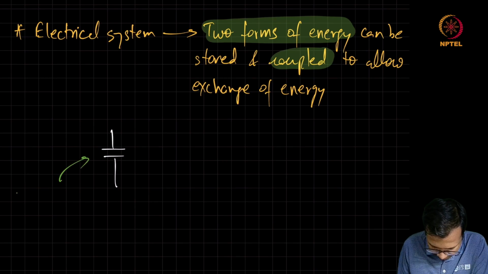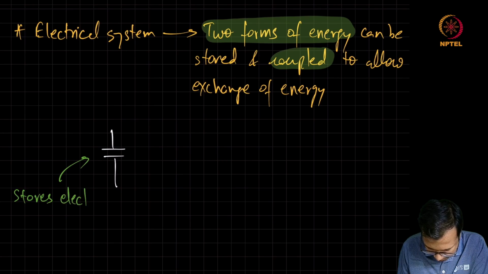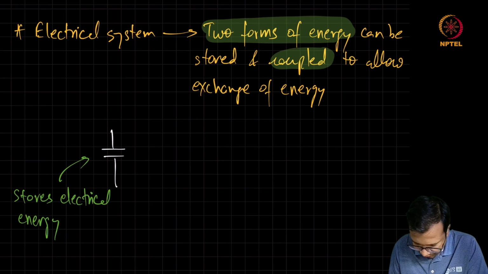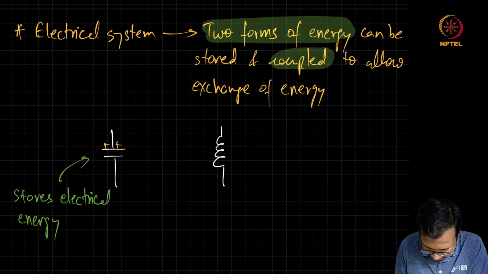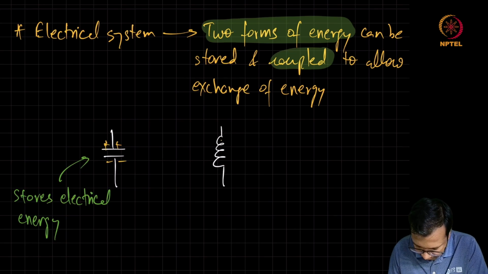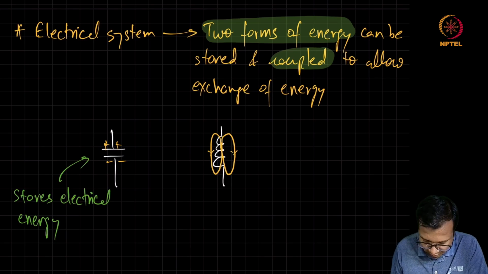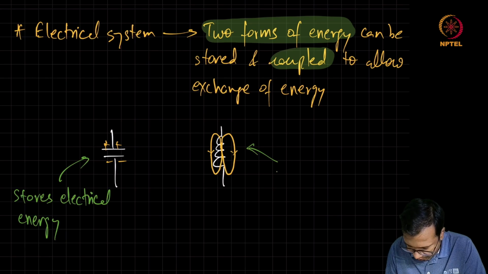This is a capacitor, which stores electrical energy, and an inductor, if the current is flowing through it, then it stores magnetic energy.